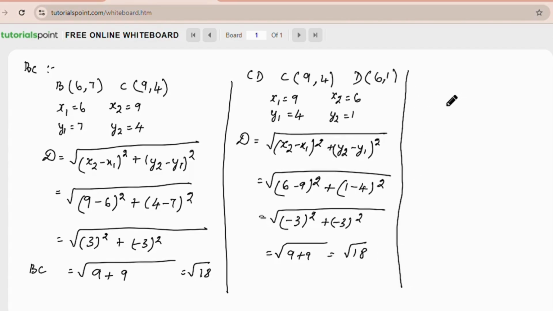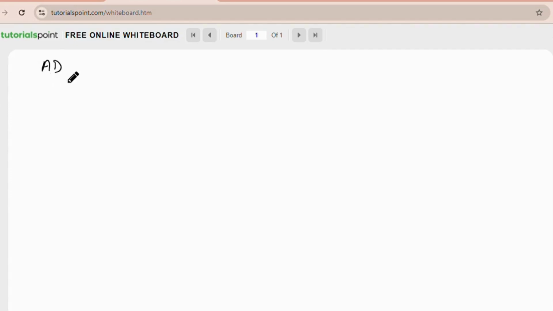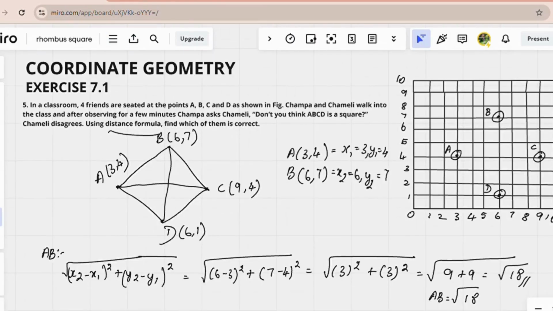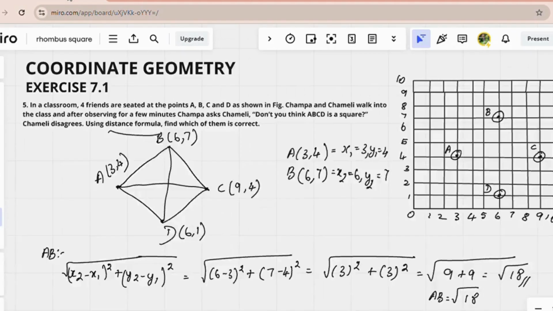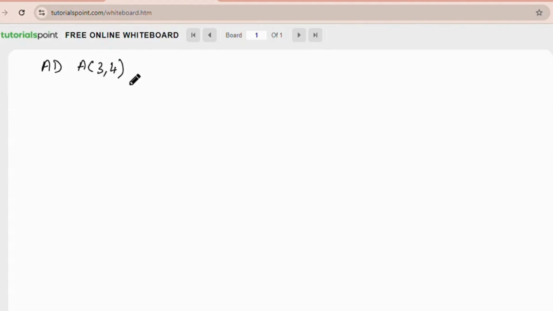Now we have to do AD. A is 3, 4 and D is 6, 1. Again, distance equals root of x2 minus x1 whole square plus y2 minus y1 square.